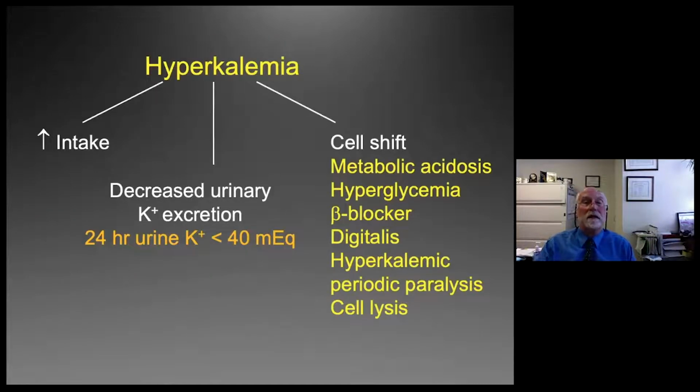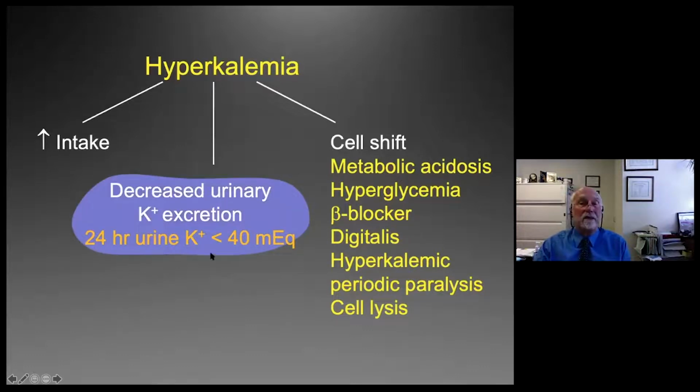Again, we showed this slide just previously in terms of hyperkalemic mechanisms: increased intake, decreased excretion, and cell shift. This patient had a very low urine potassium on the 24-hour collection, and I made that a little easier just by giving you that information up front.